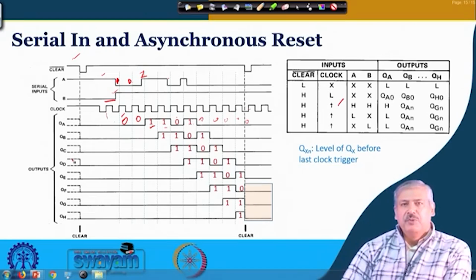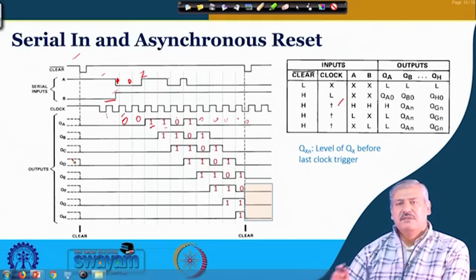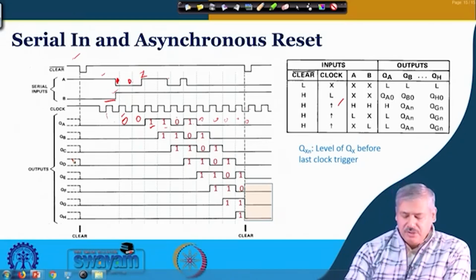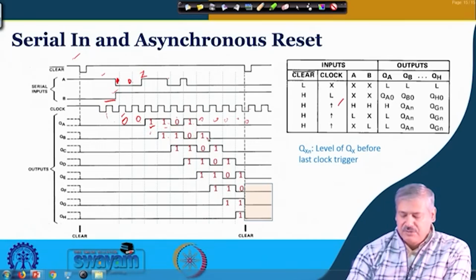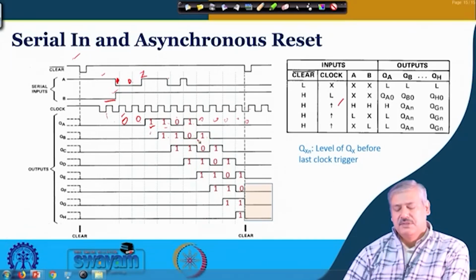Now, what happens to QB? QA, the output of A, is fed as input of B, right. So this 1 up to this is 0 0. So 1 will come over here, 1 will come over here, 0 will come over here, and 1 will come over here, is it okay.